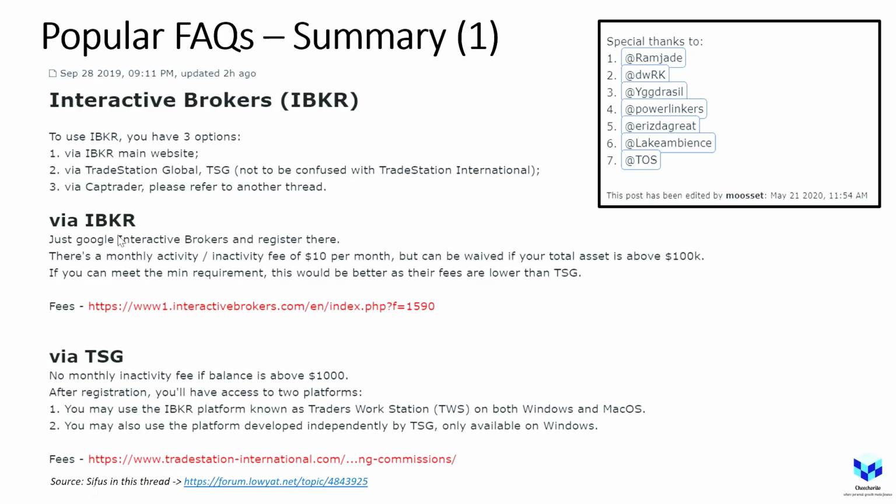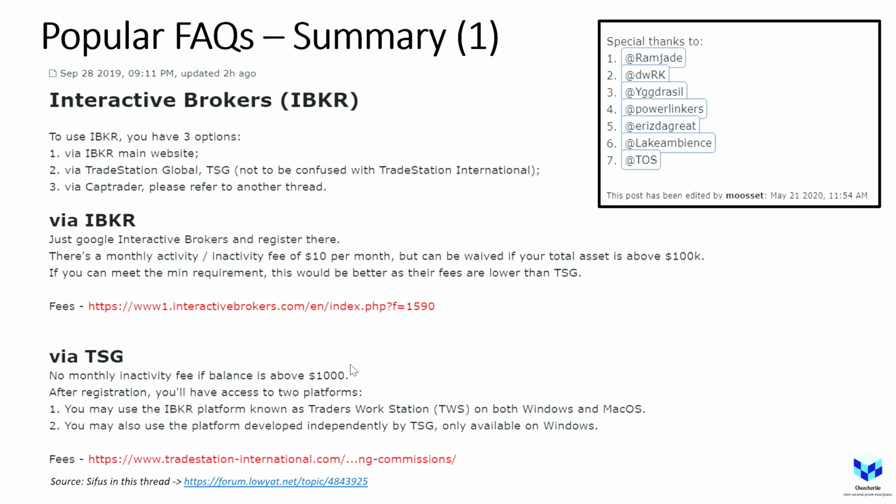And here's just a reminder that if you were to open a pure IBKR account, you stand to have an inactivity fee of $10 if your total portfolio is not above 100k USD, or if you can't incur that minimum brokerage fee of $10 per month. While with TradeStation Global, the inactivity fee is not incurred if you have a total portfolio amount of at least above 1,000.